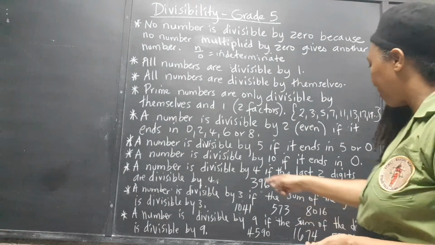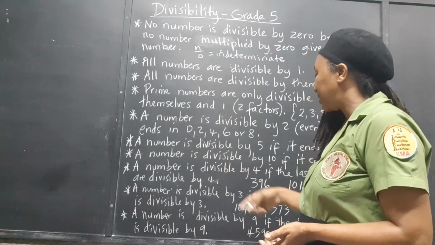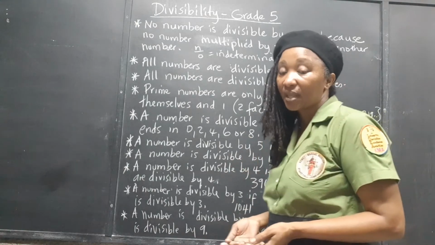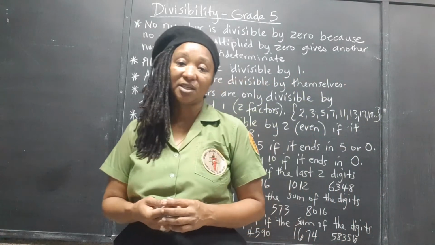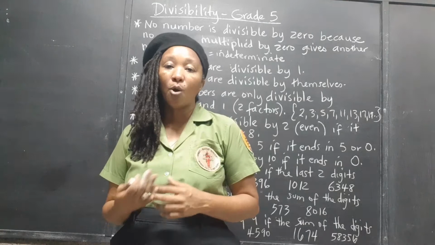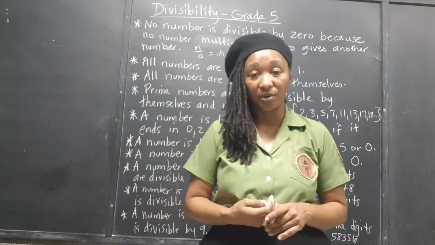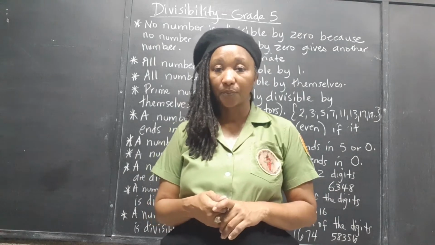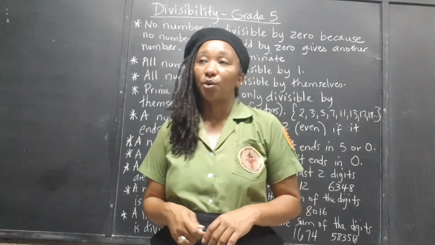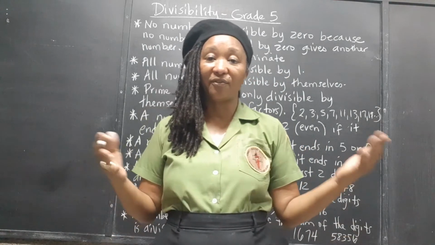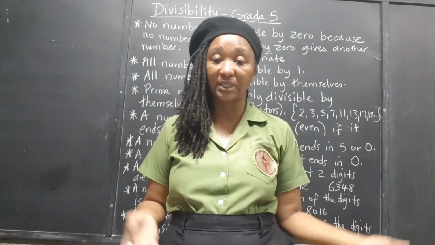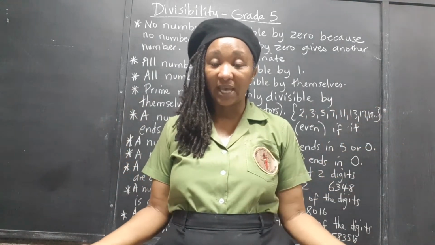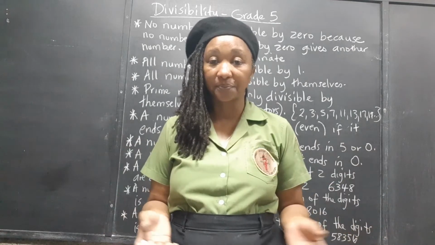Alright, so we're here. A number is divisible by 10 if the number ends in 0. Only numbers that end with 0 are divisible by 10, exactly divisible by 10. Right? So 10, 20, 40, 160, 3,000, 410, 450.